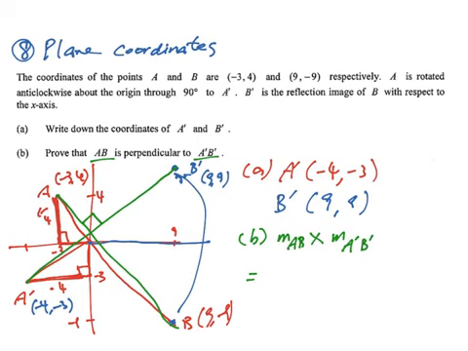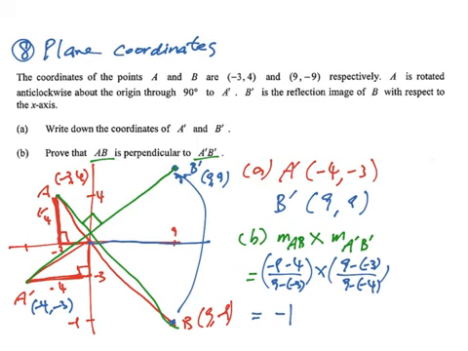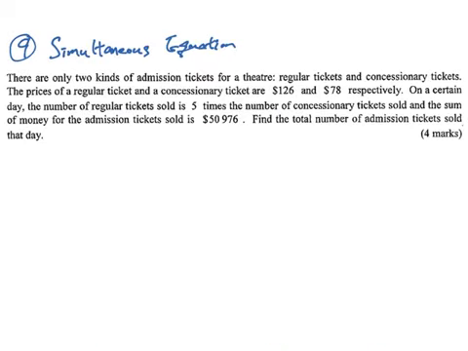So slope AB, that means -9 minus 4 over 9 minus -3, times slope A dash B dash, so 9 minus -3 over 9 minus -4. After simplification, we can get -1. So AB is perpendicular to A dash B dash.